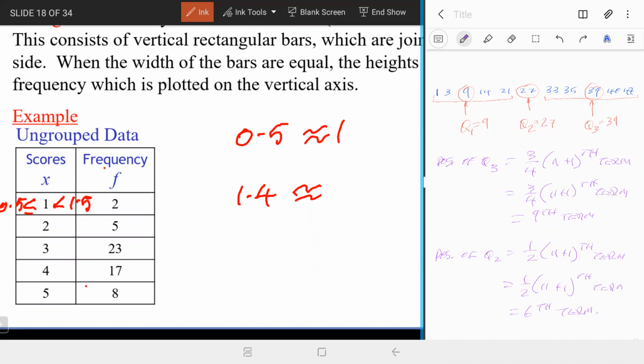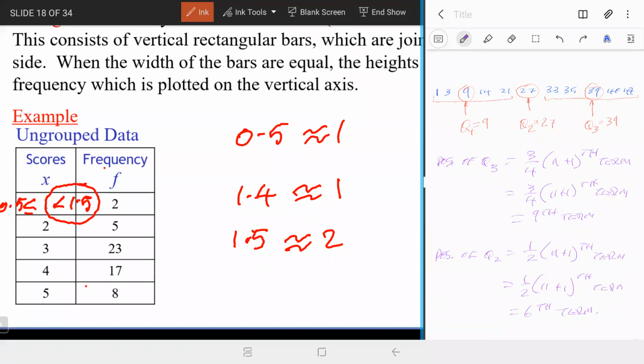Sir, 1. And 1.5 is approximately 2. That's why right here I have less than 1.5. So any value that is less than 1.5 is approximately 1.